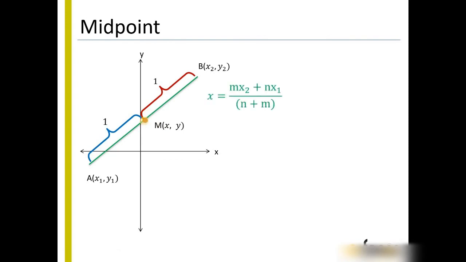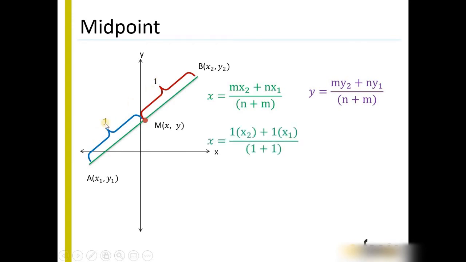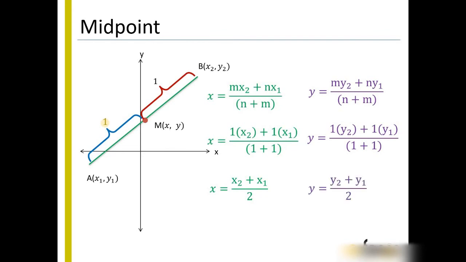If we use our formula, (mx2 plus nx1) over (n plus m), and (my2 plus ny1) over (n plus m), then in this case, m and n are both 1, because the ratio is 1 to 1. So x is 1 times x2 plus 1 times x1 over 1 plus 1, and y is 1 times y2 plus 1 times y1 over 1 plus 1. So x is (x2 plus x1) over 2, and y is (y2 plus y1) over 2.